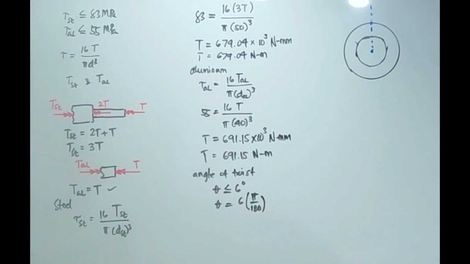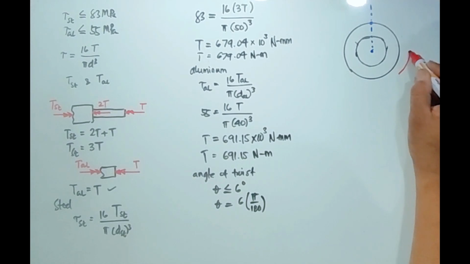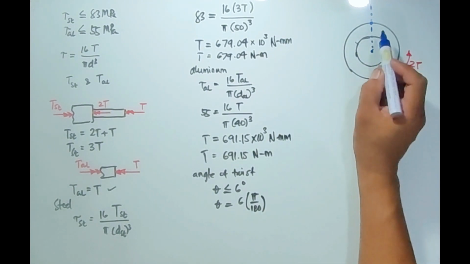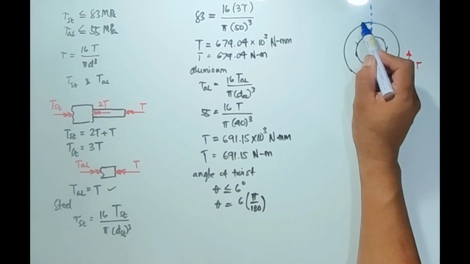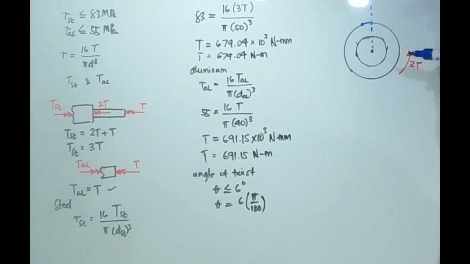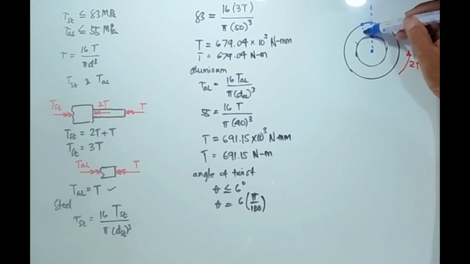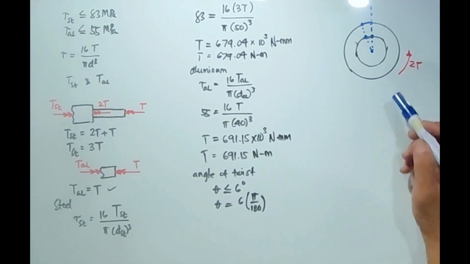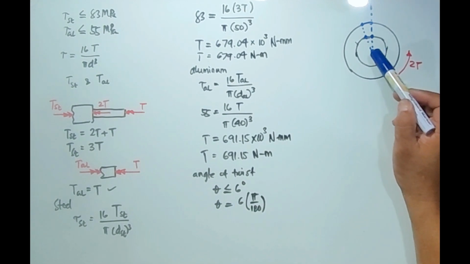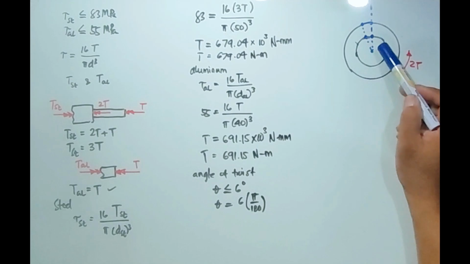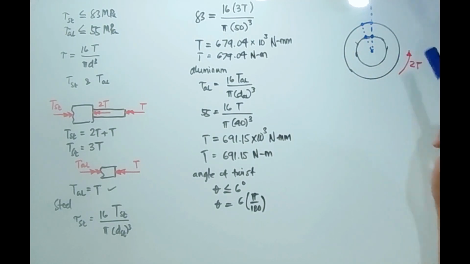Due to the external torque 2T applied here, this point in the steel would tend to move in this direction, let's say up to here. And this point in the aluminum shaft will now be here. So in this case, there is still no twisting in the aluminum shaft, only in the steel.